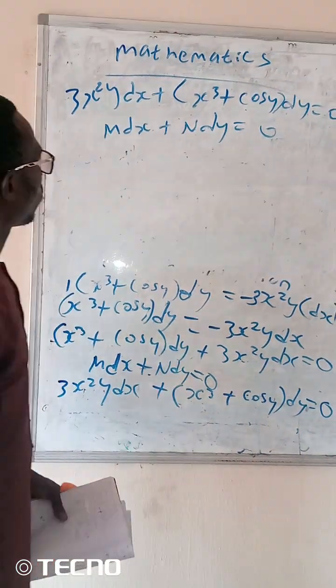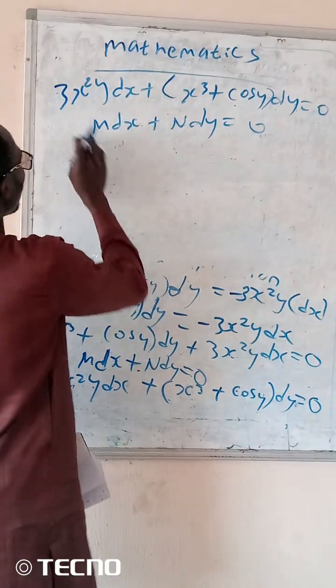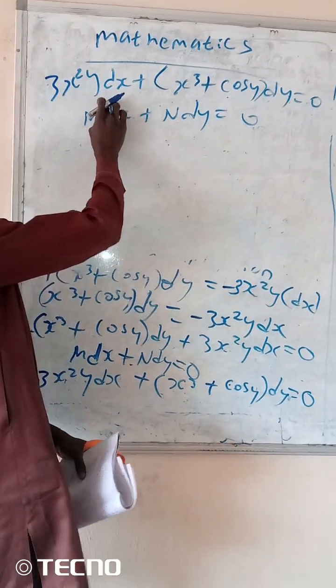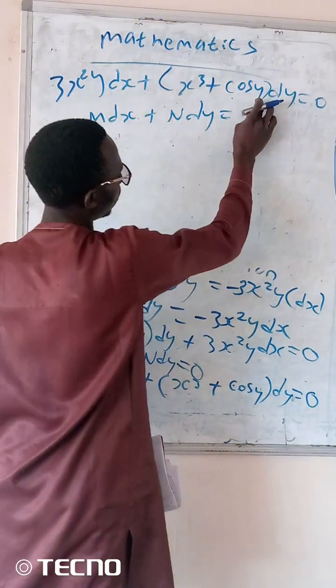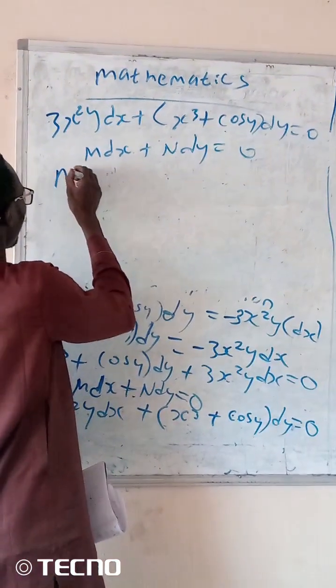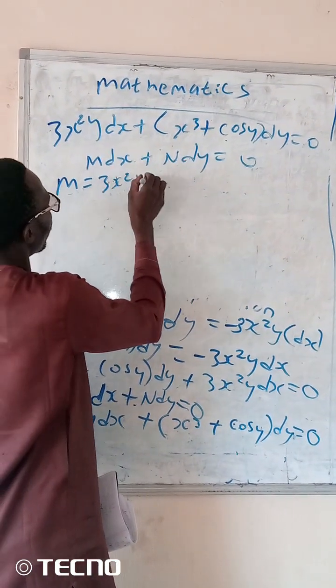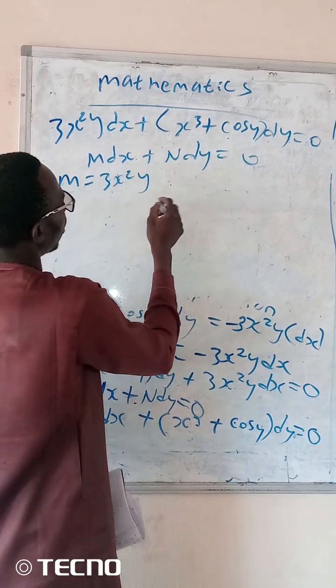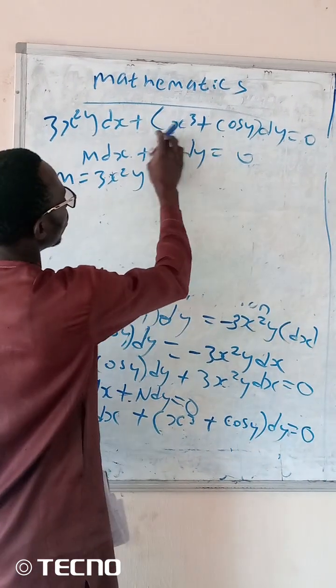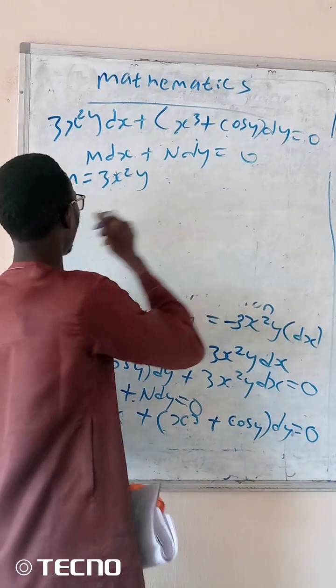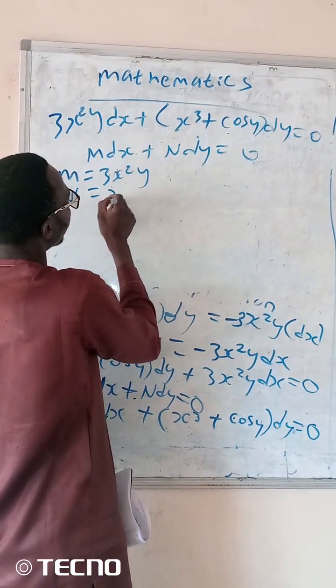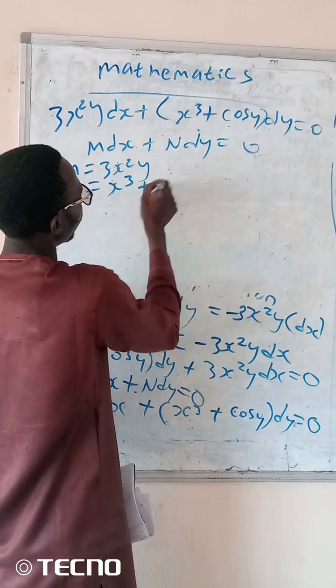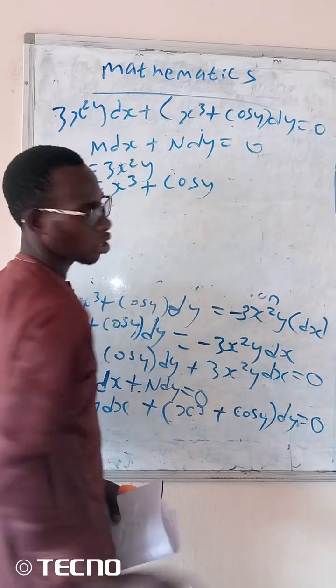So we are going to set this part as M, and this second part as N. So we have M equals 3x squared y, right? Then N equals x raised to the power 3 plus cos y. So we have successfully done that.